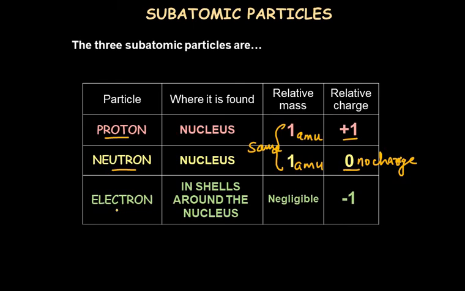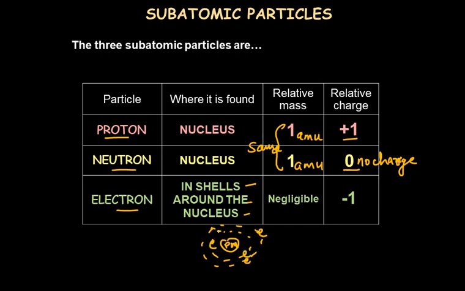Now what about the electrons? Electrons are found in the shells around the nucleus. Now we had seen the structure of atom in the earlier slide, that there is a central nucleus with protons and neutrons, and there are shells around this nucleus. These shells carry the electrons.